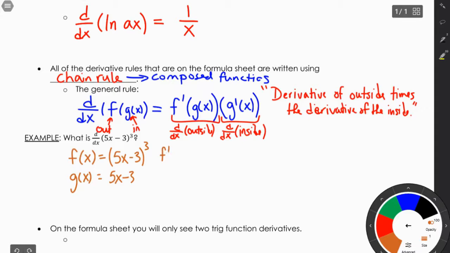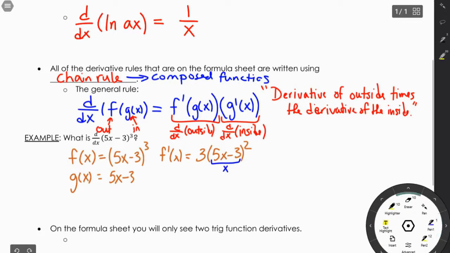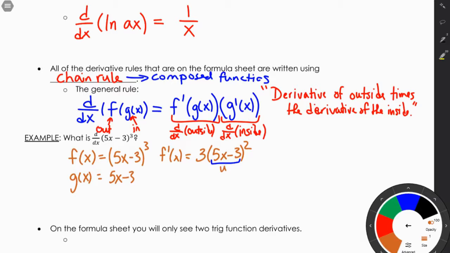So I'm going to find f prime, which is going to be 3 times 5x minus 3 squared. What we're really doing is treating this as if it was just a variable like x. What they actually use in calculus is they'll call this u, so it's like you're taking the derivative of u cubed, and then you substitute back in.